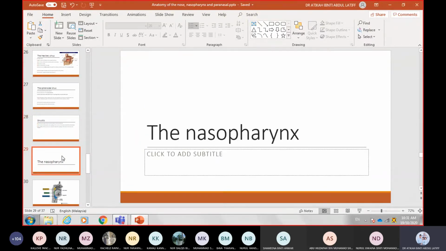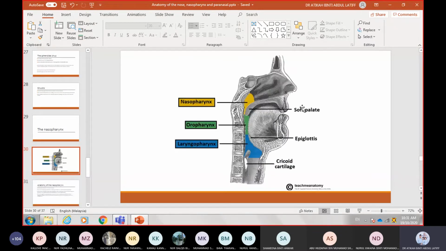Last but not least, we talk about the nasopharynx. This is the nasal cavity here. Remember, you have your ethmoid here, and you have your vestibule here, and these are your conchae with meatuses. You have 1, 2, 3 conchae. Behind them, you have the meatus, or the area behind the concha.